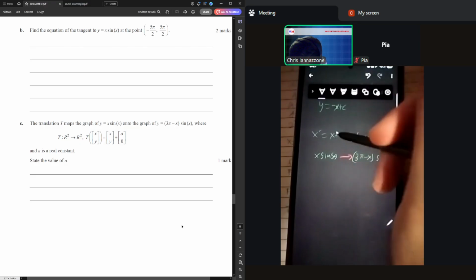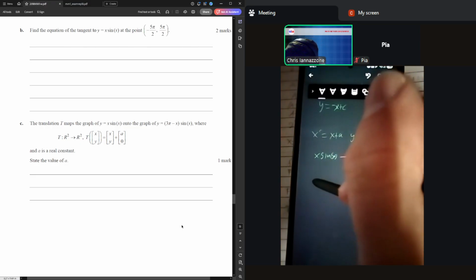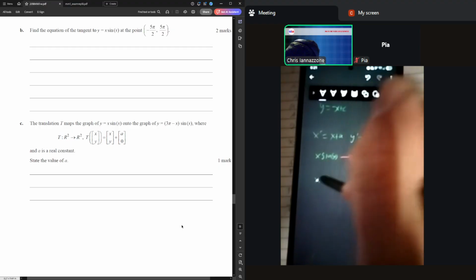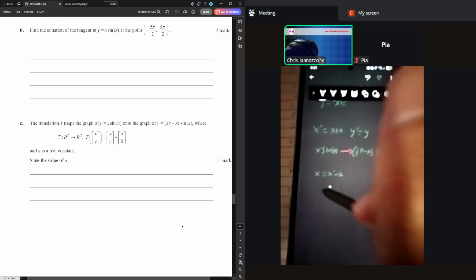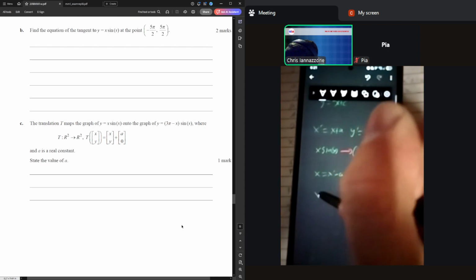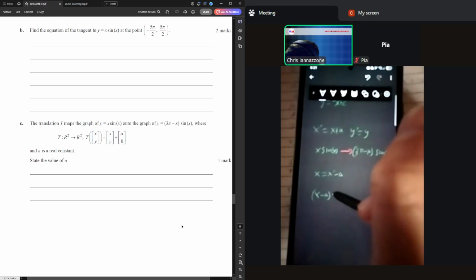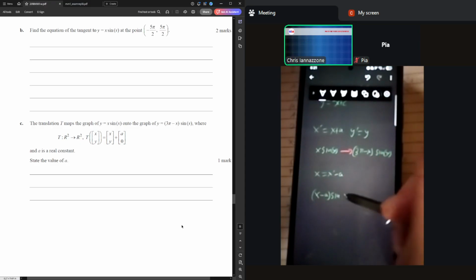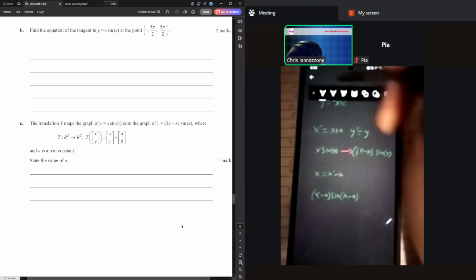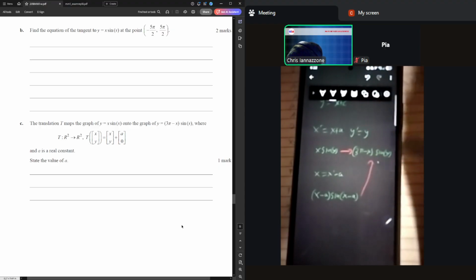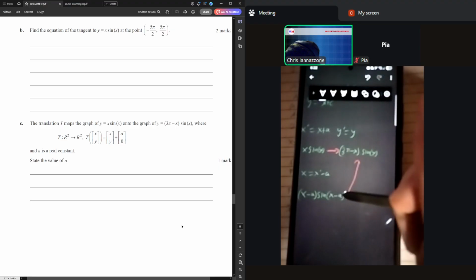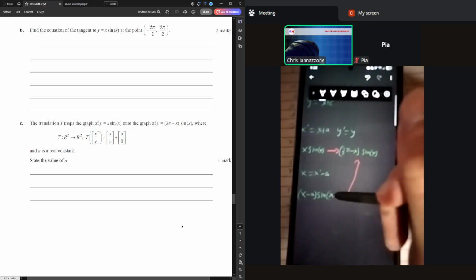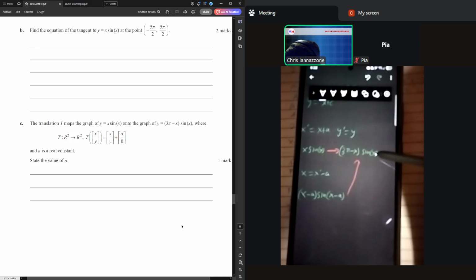So to apply this, you'd flip this over, so you're going to end up with x equals x dash minus a, and then you shove it into this one, so you're going to have x minus a sine x minus a, and you want it to look like this. Now the first thing we need to figure out is how can I rewrite x minus a as just x in here.